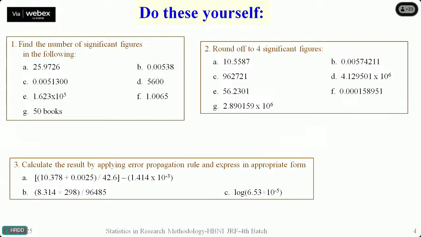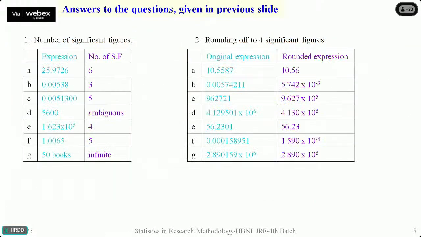So by this time, all of you might have given a try except 3C. Everybody can have a quick check through.